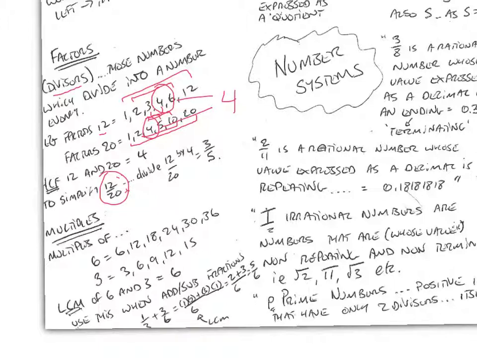So if we were to divide 12 by 4, which is the highest common factor, and 20 by 4, we get 3/5. So the fraction 12 over 20 reduced to its simplest form, or equivalent fraction, is 3/5, and we derive this by dividing above and below by the highest common factor of 12 and 20, the numerator and the denominator.